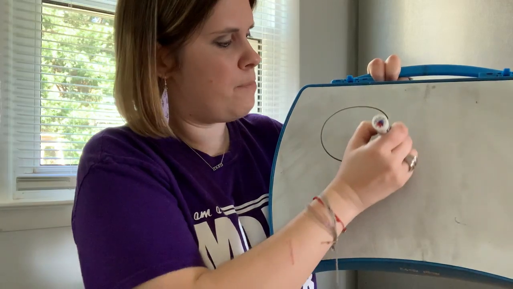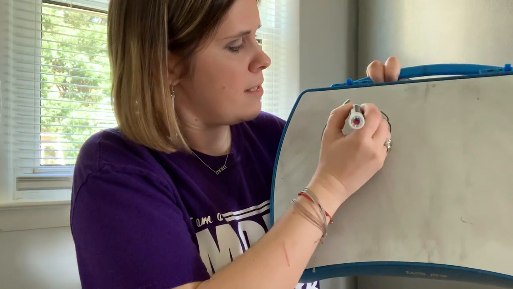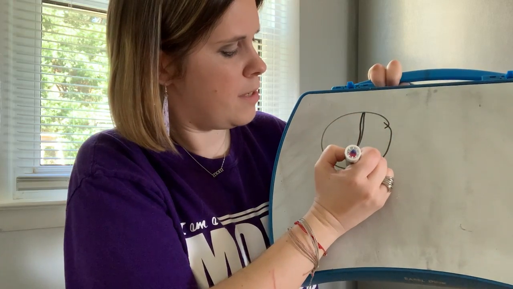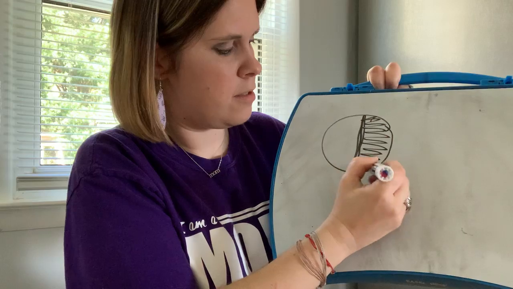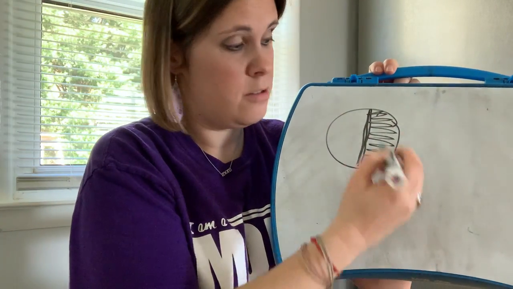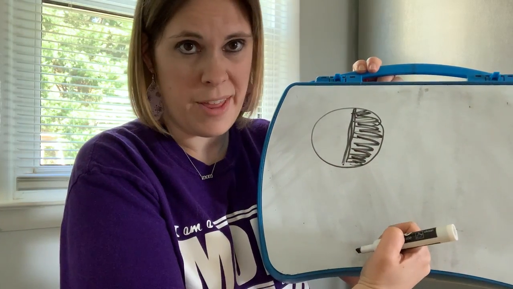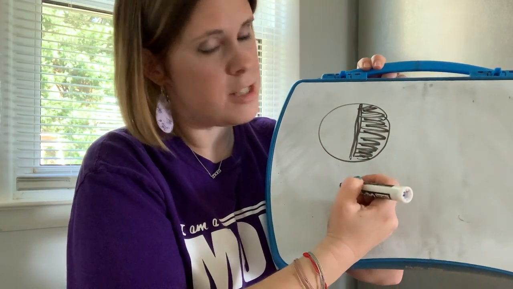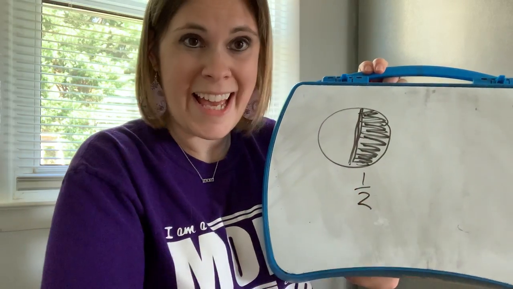So if we talk about a pizza, and if I go ahead and split that pizza, not particularly the best, but try and split that pizza into 2 equal parts, and say I eat just one of those equal parts, I know that I haven't eaten the whole thing, I've eaten a fraction of it. And so my fraction would be 1/2, right?